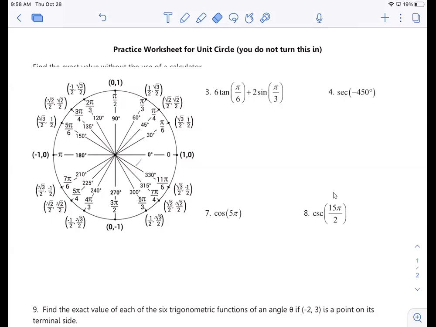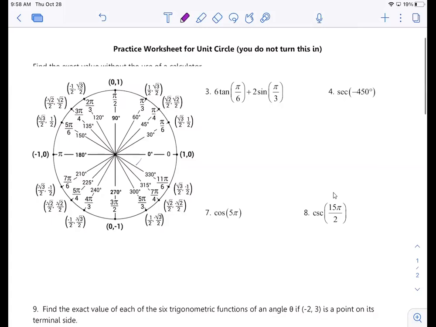Okay, so now for 3. It says 6 times the value of tangent of pi over 6 plus 2 times the value of sine of pi over 3. All right, well, I'm just going to rewrite this equals 6. Now I'm going to evaluate this. So I need to go to pi over 6, which is right here. And we need to find tangent.